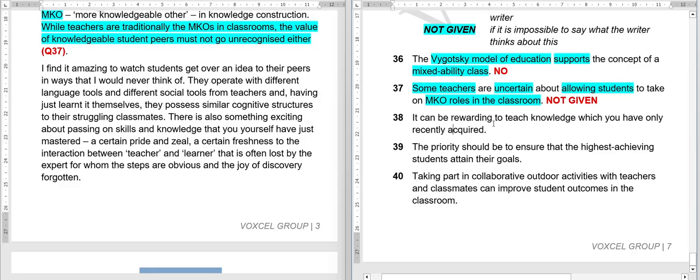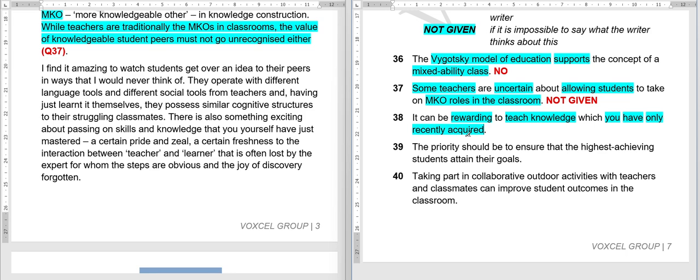It can be rewarding to teach knowledge which you have only recently acquired. Now they're saying that it can be rewarding if you teach others knowledge that you have only recently acquired, like you learned something new, and it's quite rewarding if you teach that particular thing to others. So if that is the case, the answer should be yes.